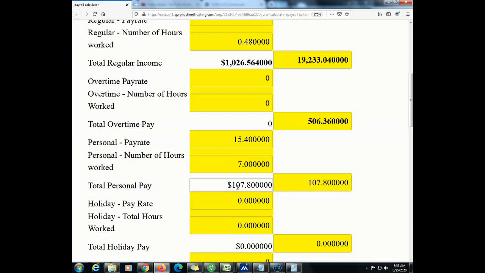Your personal pay is basically any hours that you personally might have requested, apart from your overtime and your regular working hours. An example would be a shift that you're trying to fill in on your day off. This would be considered personal pay.